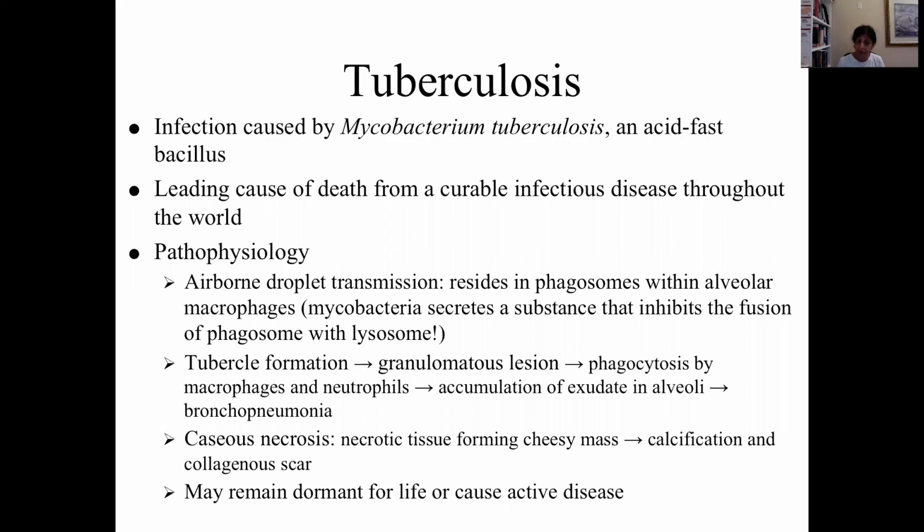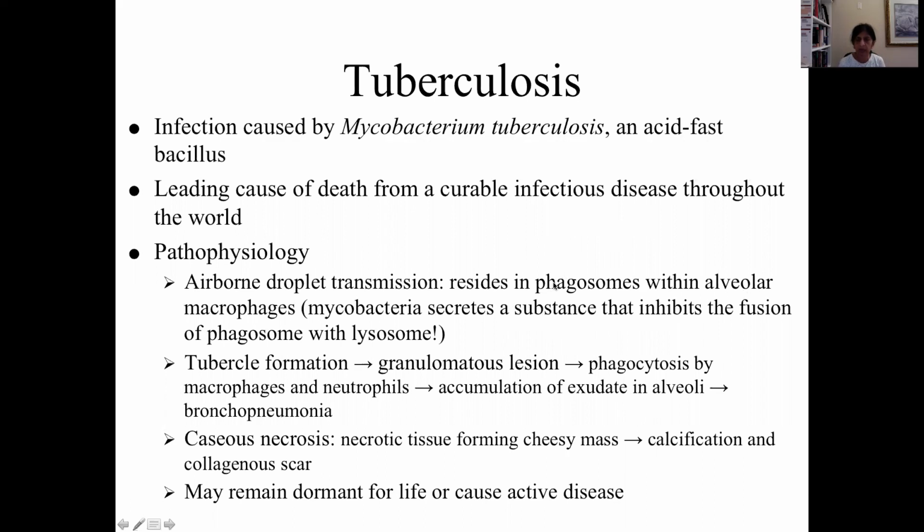The distal alveoli are where you commonly see this. Well, it's actually in the alveolar macrophage. Alveolar macrophage engulfs this, phagocytoses this, and then they would be called phagosomes.